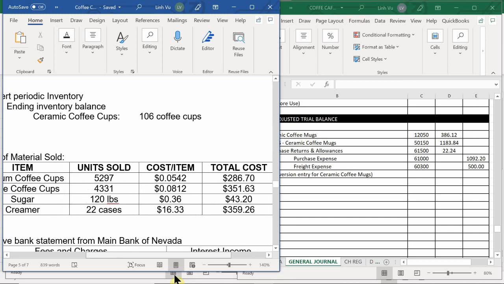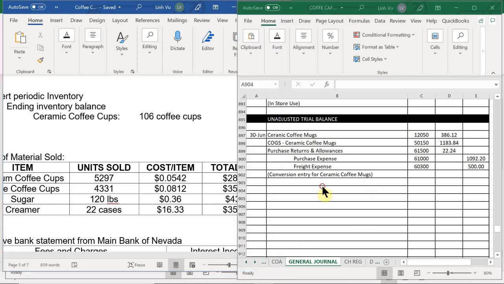Now, how do I adjust my business supplies? I don't know. Well, in this case, what am I calculating here? The cost of the material.